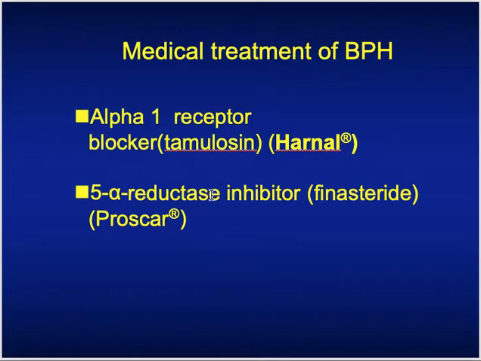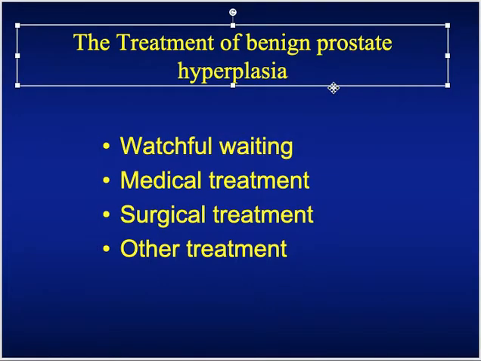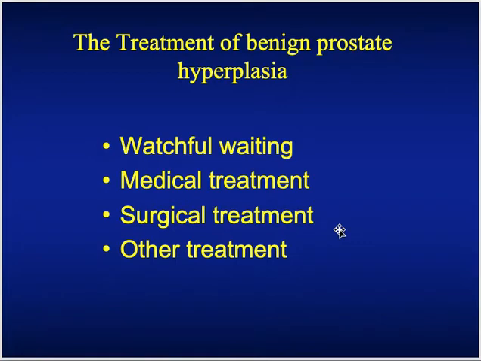Now, any patient who comes, we can do watchful waiting if the symptoms are not so severe, not so disturbing. But we can tell them some measures, like limit the fluid intake before going to bed and decrease the intake of coffee or tea, because coffee and tea are diuretics.